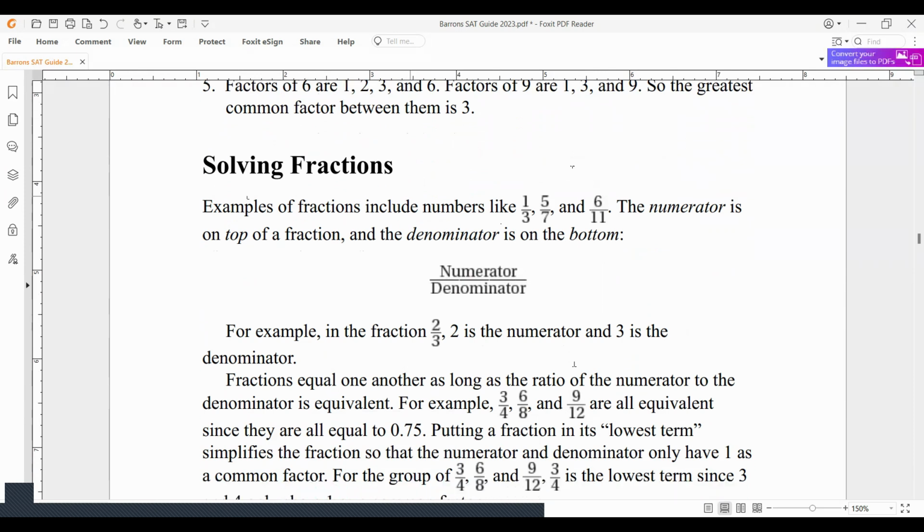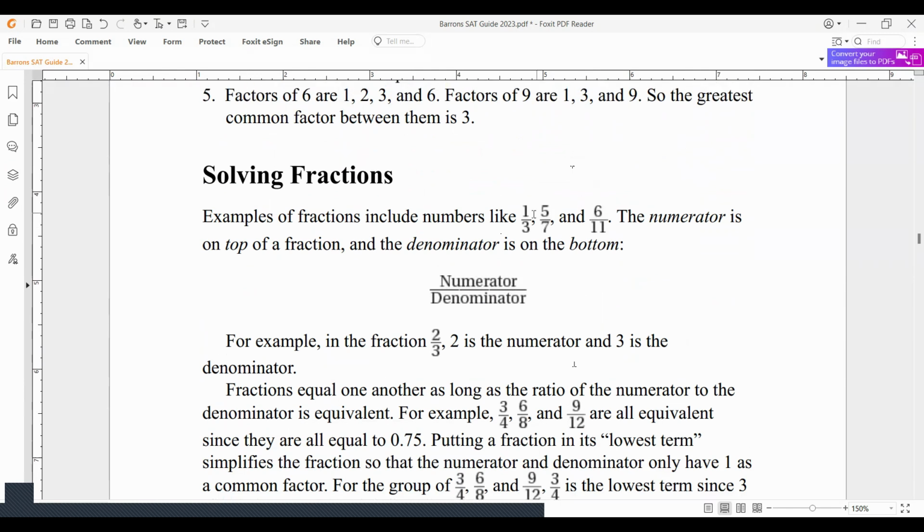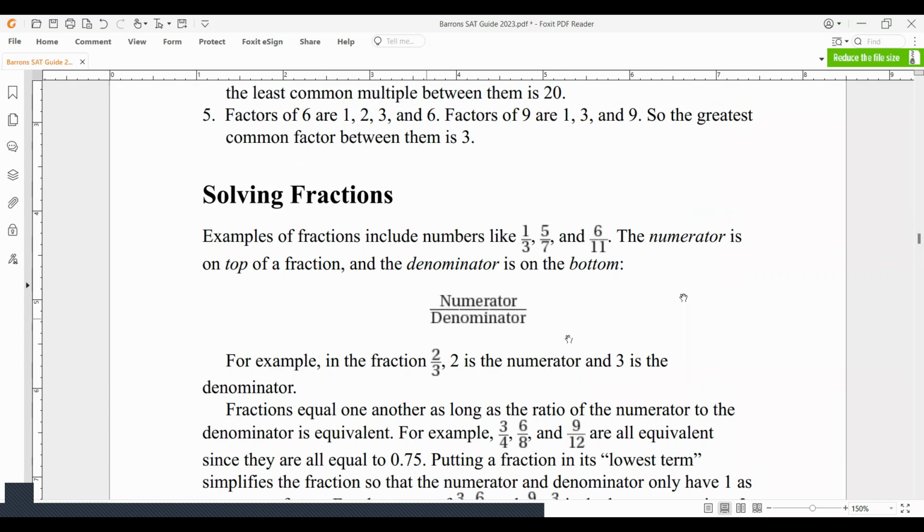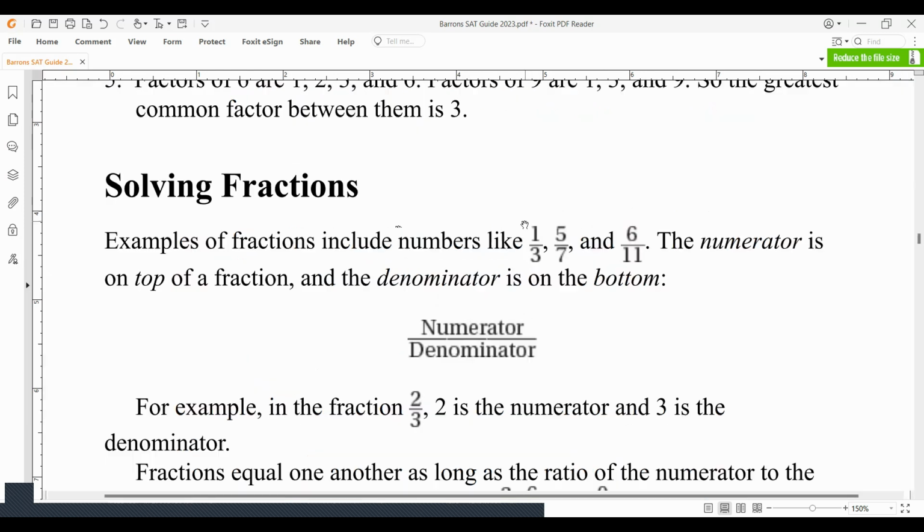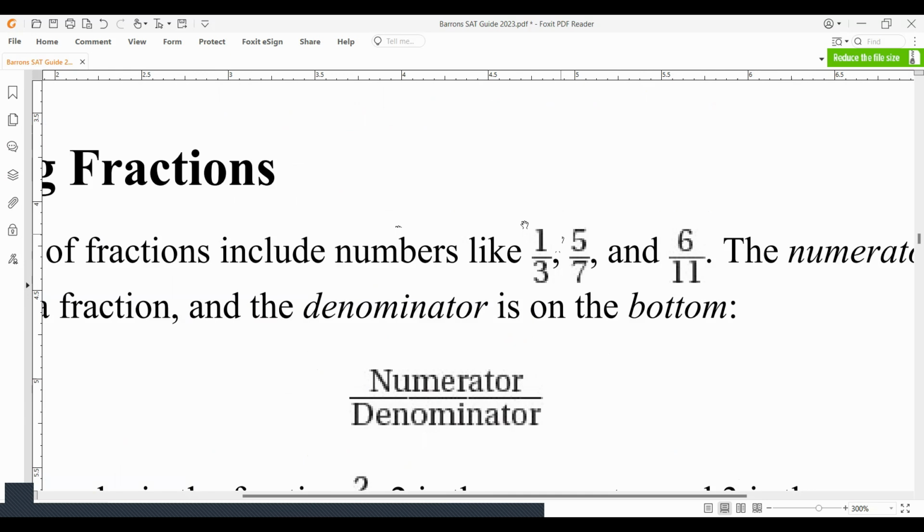Okay, solving fractions. This is basically a rational number. Do you have any idea what a rational number is? In the simplest way, a rational number is something like 5 by 7.